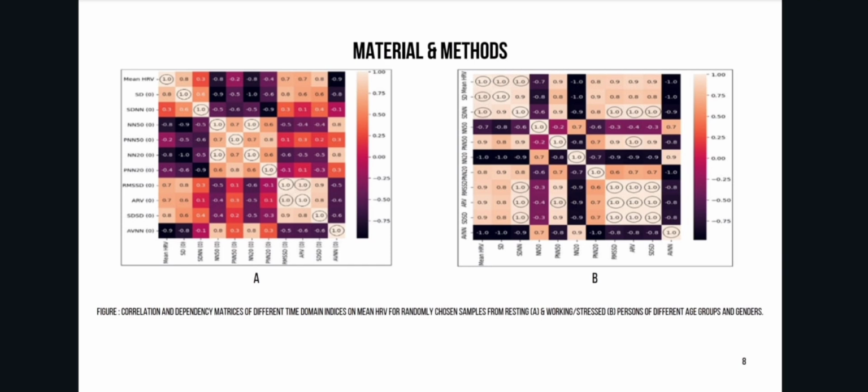Therefore, for each HRV sample, sex, age, HRV mean, SD, RMSSD, SDSD, ARV, SDNN, PNN50 and PNN20, total of 10 numbers of attributes have been taken as input of the ML classifier.